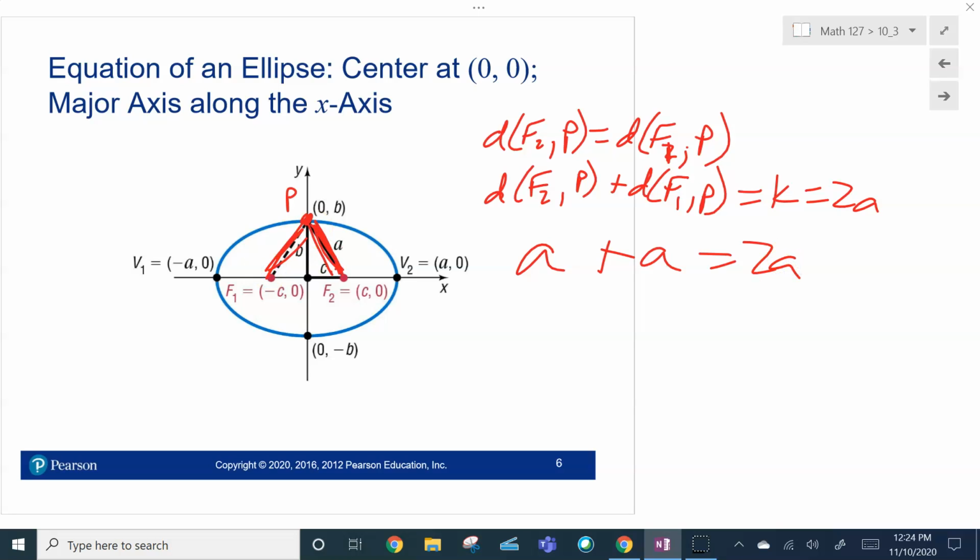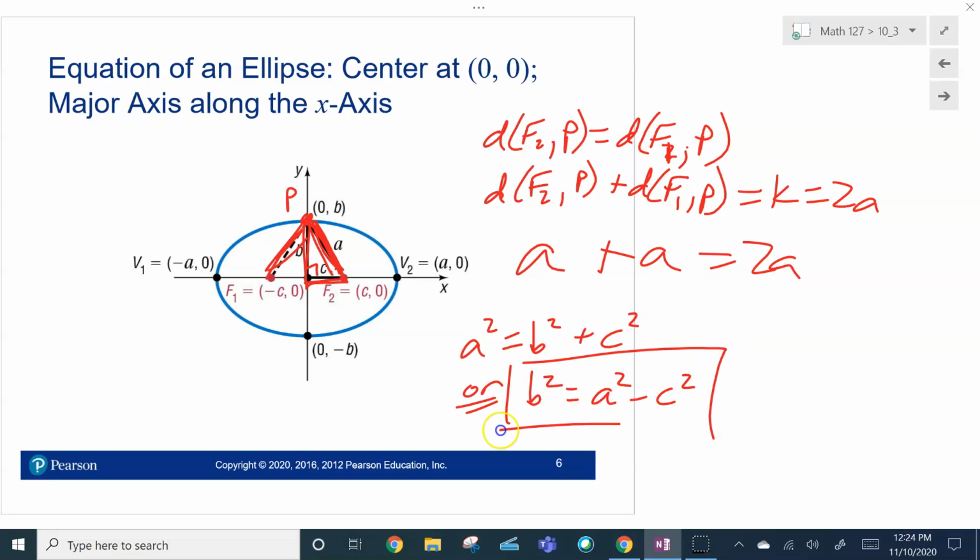So now we have this right triangle, and we know that a squared equals b squared plus c squared. That's the relationship, and you're going to see it often written as b squared equals a squared minus c squared. That's just a preference thing. But that's the relationship between a, b, and c in an ellipse.